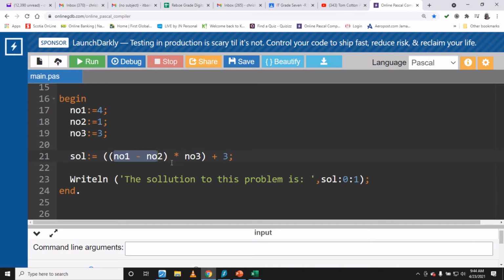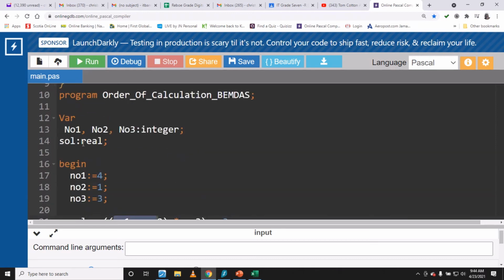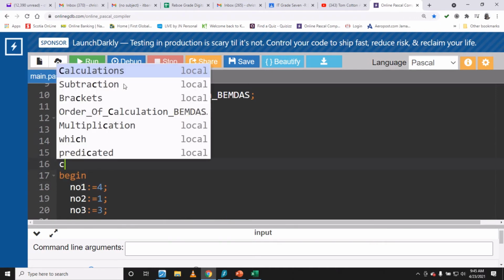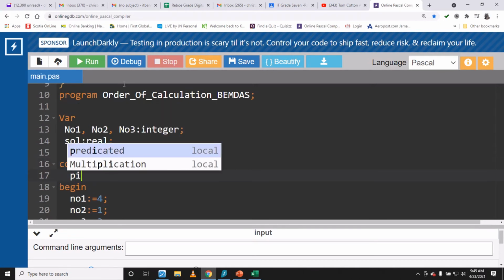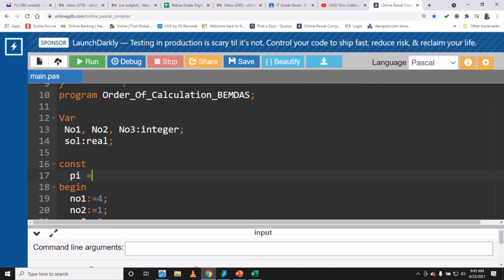Because many times what we find in math is a person just doing rote learning. Classic example, let me give you this as a scenario. Let's use pi here. Let's say we're doing circumference of circles, and I put pi here as a const, because pi is always equal to 3.142, or some people say 3.14.